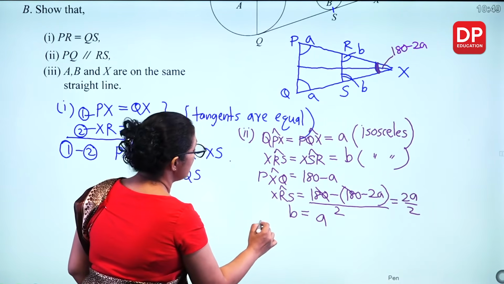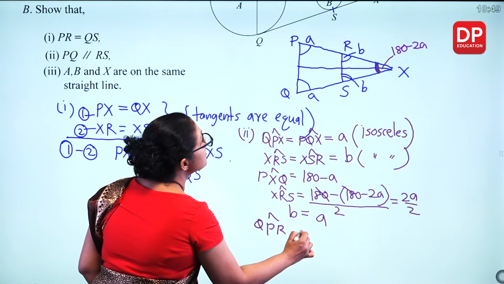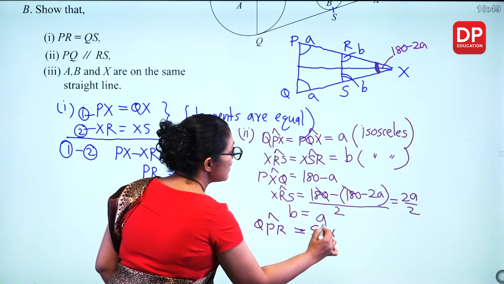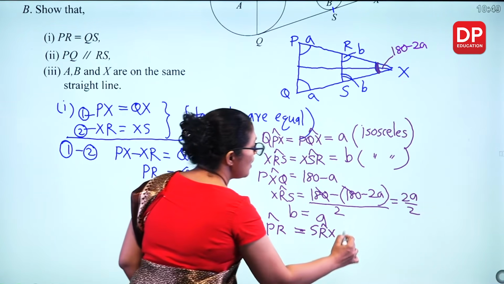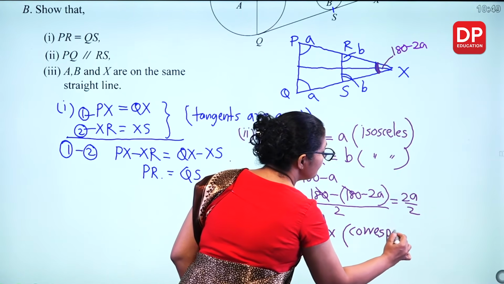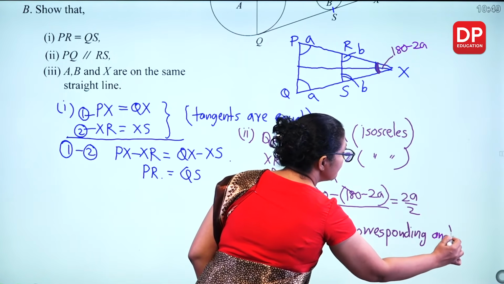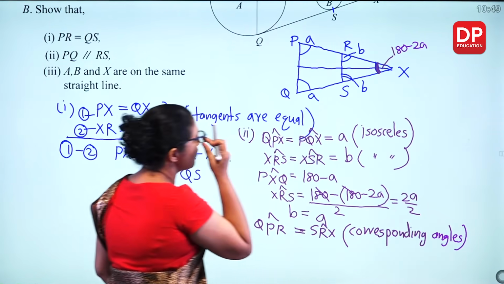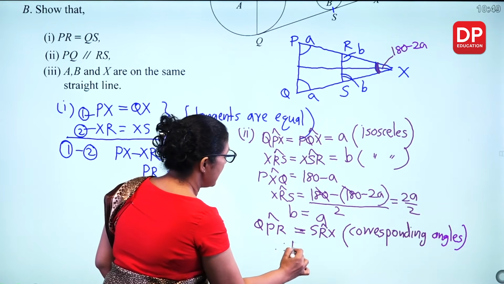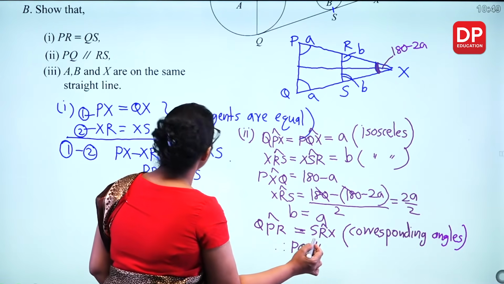Corresponding angles. So QPR angle and SRX angle, both are equal. Those are corresponding angles. Corresponding angles are equal means PQ line is parallel to RS line.